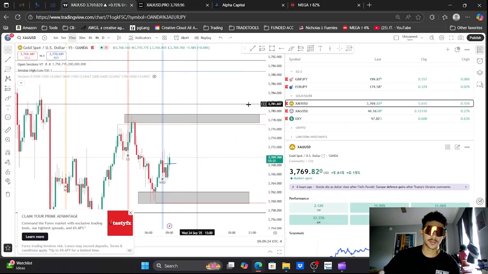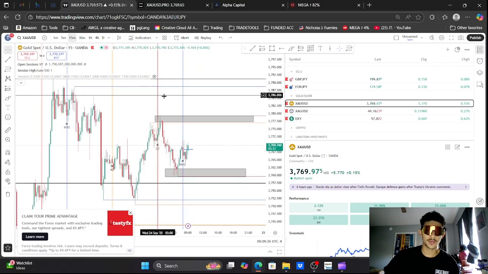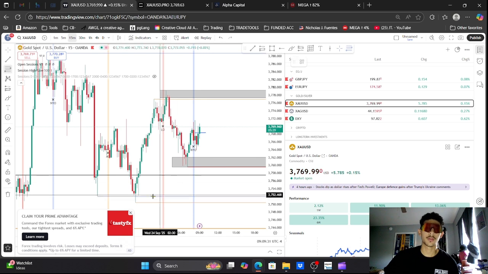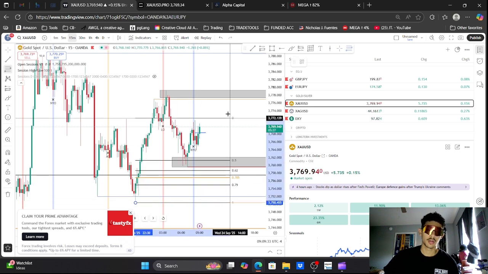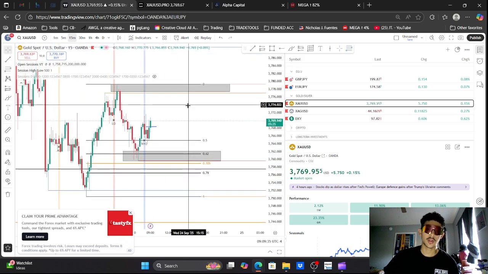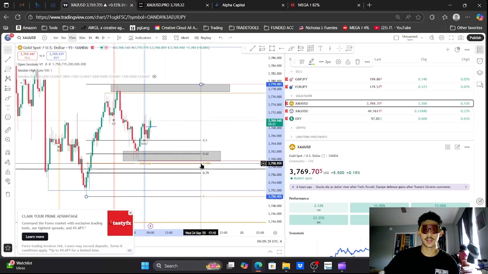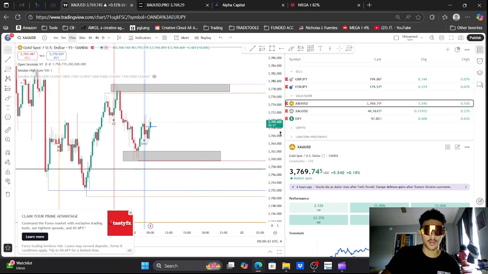Okay, so this is the position I want to hit up into previous session highs right here, based off of the London session retracement into this OTE on the 15-minute.